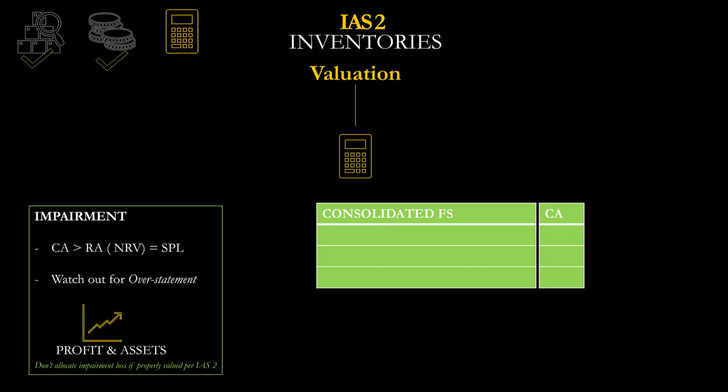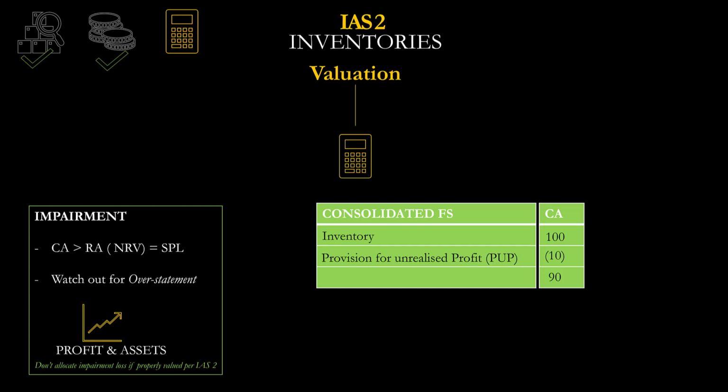Let's assume we have consolidated inventory figure of 100. We also have 10 as provision for unrealized profit. The PUP will reduce the consolidated inventory by 10, giving rise to a carrying amount of 90. Now let's turn to the tax base.